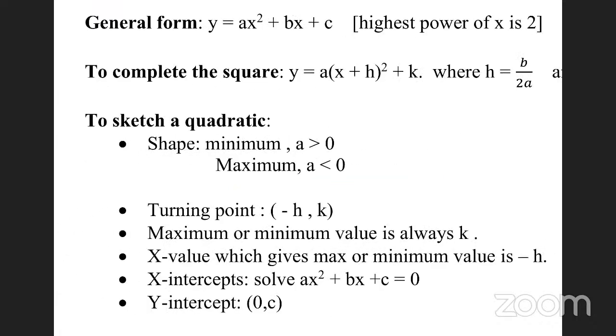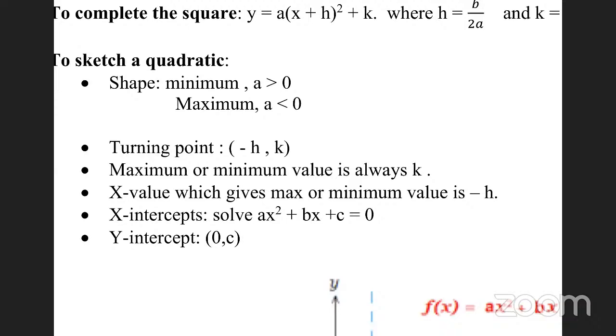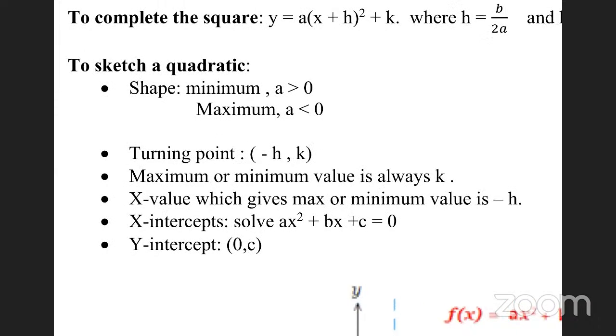Then we need to know how to sketch a quadratic. Number 1, what's the minimum? It is a minimum if a is more than 0, maximum if a is less than 0. The turning point is always going to be (minus h, k), and the maximum value is always k. If I ask you for the x value, right here, minus h. How do you find the x-intercept?